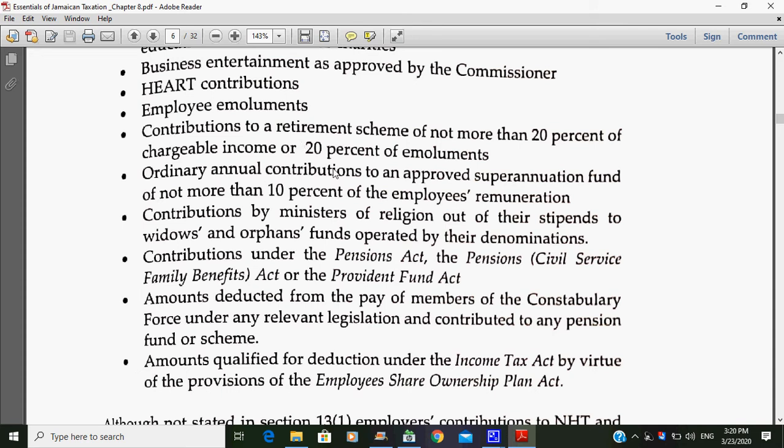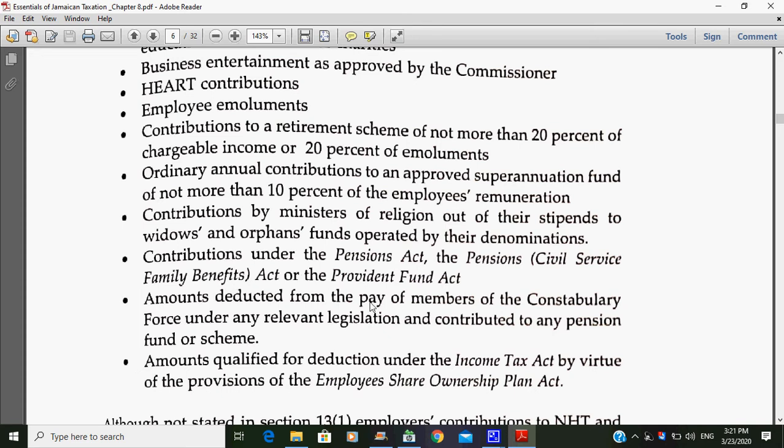Ordinary annual contributions to an approved superannuation fund of not more than 10% of the employee's remuneration. Contributions by ministers of religion out of their stipends to widows and orphans funds operated by their denominations. Contributions under the Pensions Act or the Provident Fund Act.